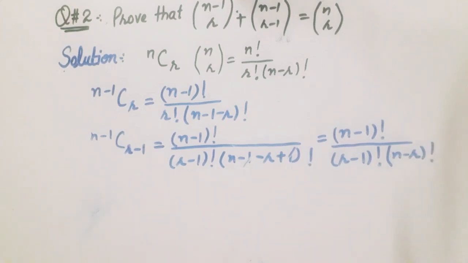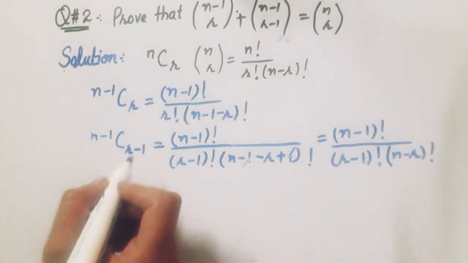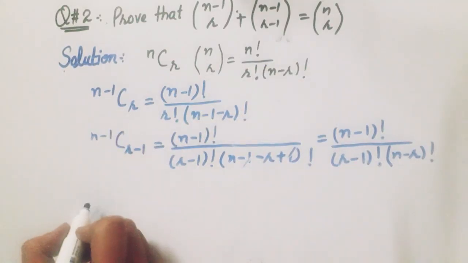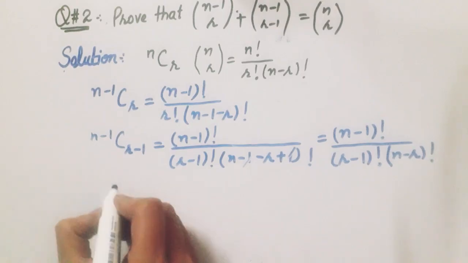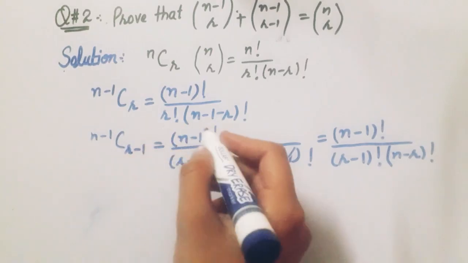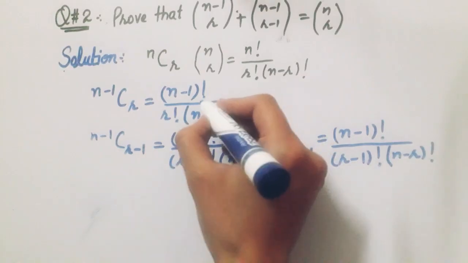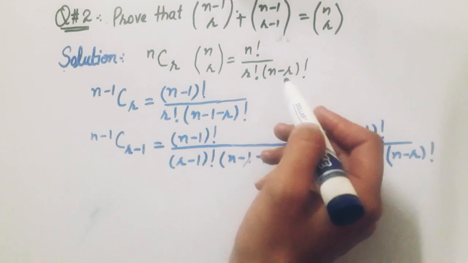Now we will add 1 and 2, because in the left hand side we have the addition of these two. So by combining these two we can write this as... Before adding, we can first simplify these two such that the denominator is r factorial n minus r factorial.